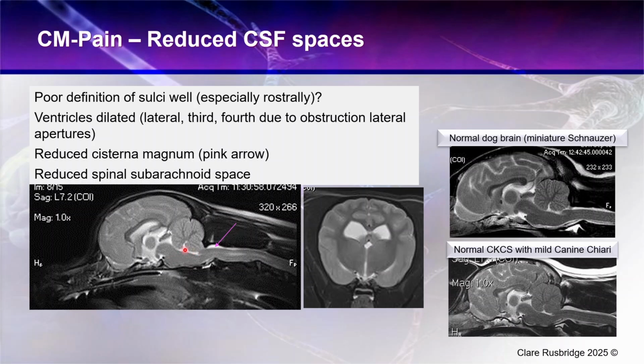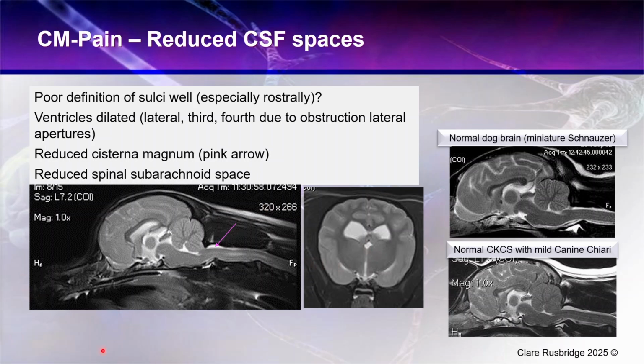So fluid can't get out, resulting in this backup of fluid through this system, and we can see the dilation of the lateral ventricles here, and actually you can see a fluid void going through the mesencephalic aqueduct area here because of the fast fluid flow.